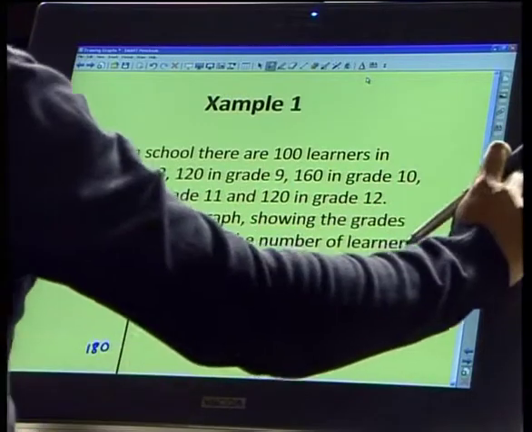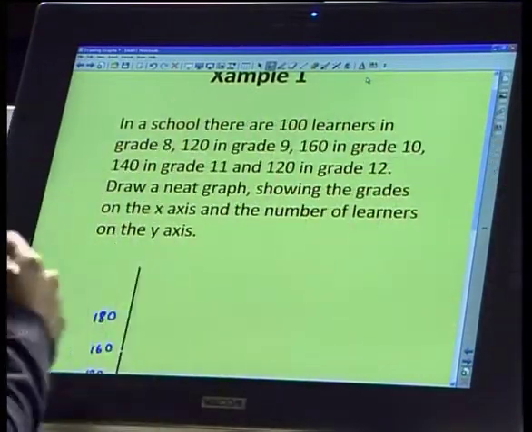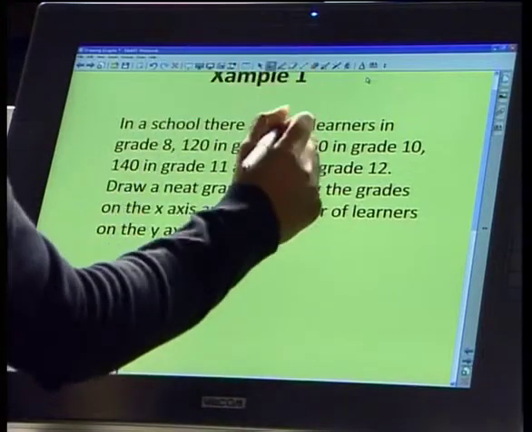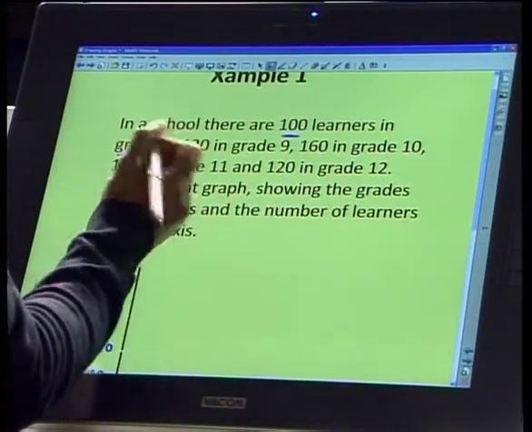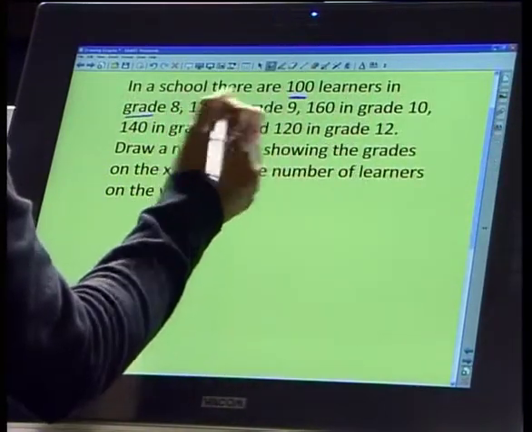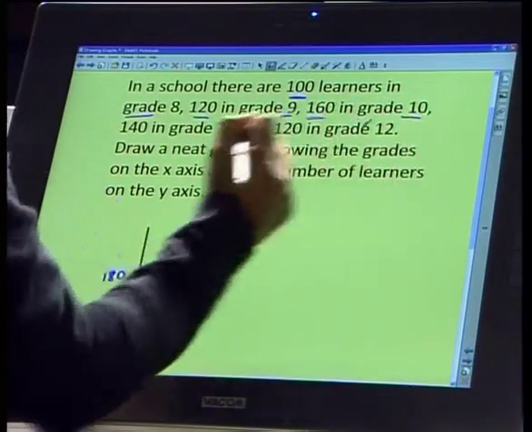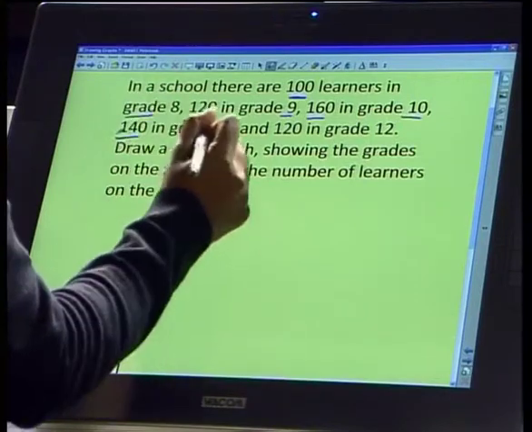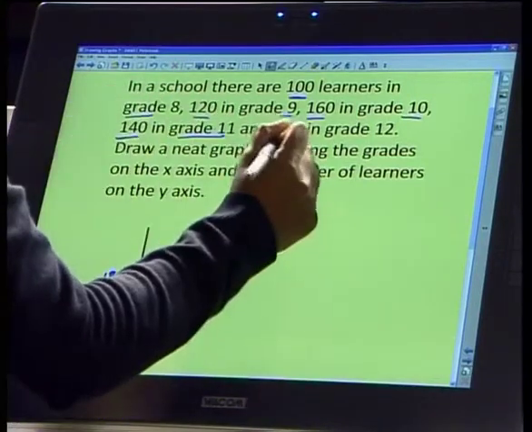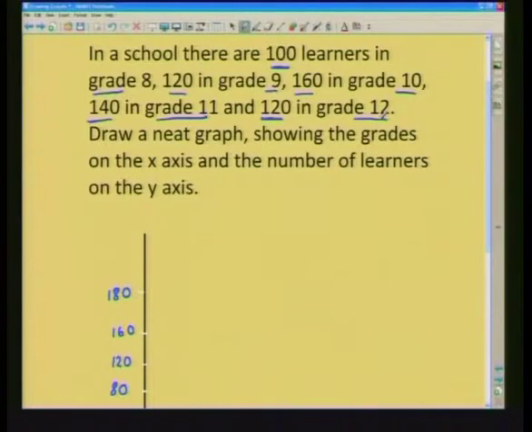So with that in mind, let's look at example 1. We are told that in a school there are 100 learners in grade 8, 120 learners in grade 9, 160 learners in grade 10, 140 in grade 11, and 120 learners in grade 12. They then want you to draw a neat graph showing the grades on the x-axis and the number of learners on the y-axis.